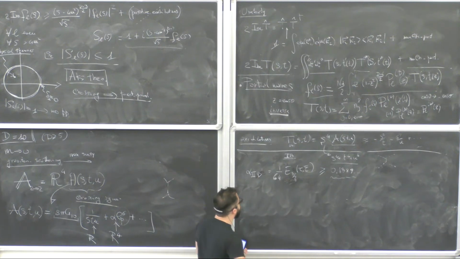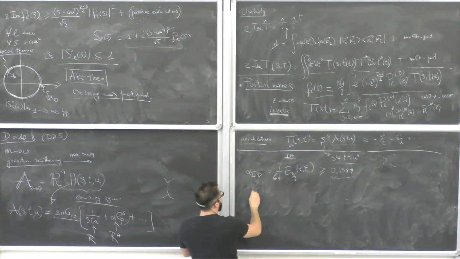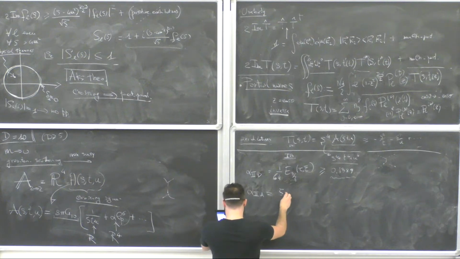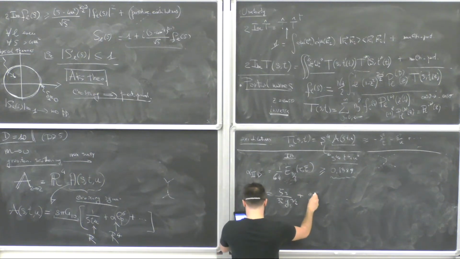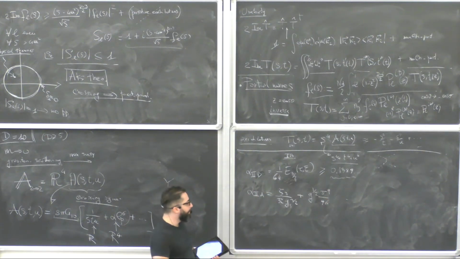In type 2A, there is a very similar number, because the difference between type 2A and type 2B is just this. In type 2A, this alpha would receive a tree level plus 1 loop contribution, and you can compute it because it's 1 loop exact.